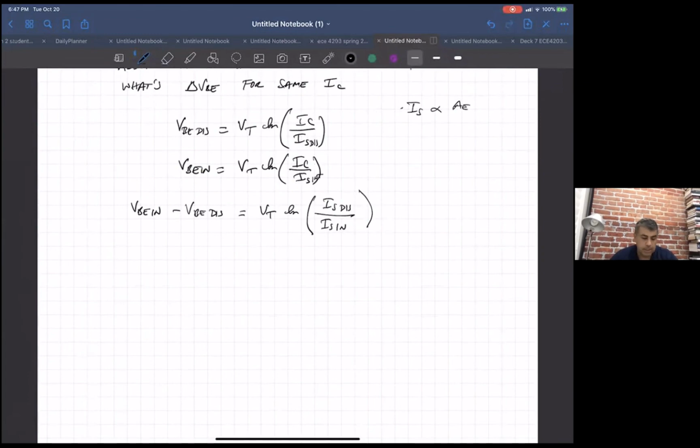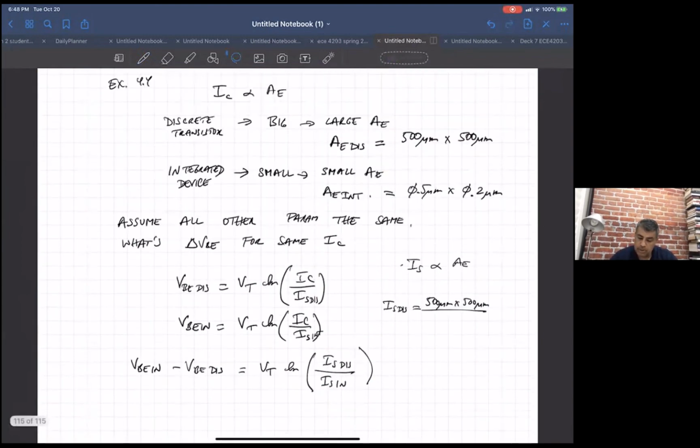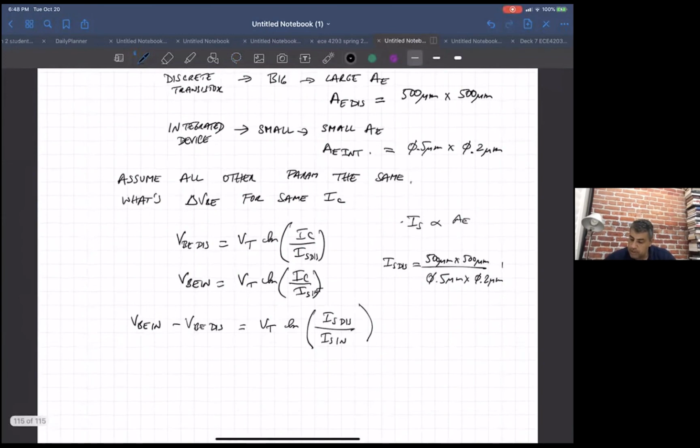Okay, so all things being equal, this is a ratio of 500 micron by 500 micron, which was the area of the emitter for the discrete device, over 0.5 micron by 0.2 micron, which was the area of the emitter for the integrated device, times the I sub s of the integrated device.